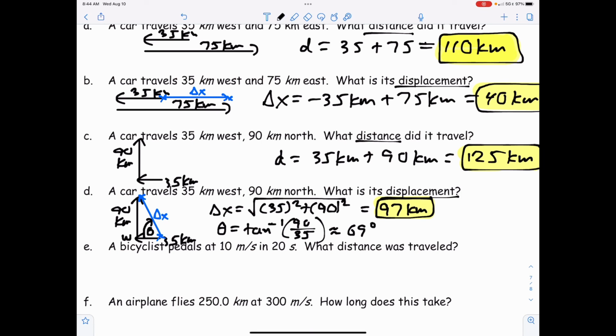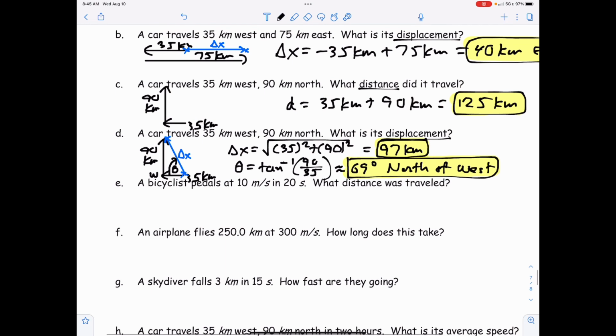So 69 degrees north of west. What that means is 69 degrees above west, pointing to the north. The way we wrote that earlier was 69 degrees above the negative x-axis. Remember, the negative x-axis is west on a map.